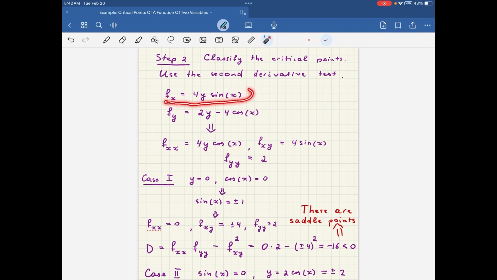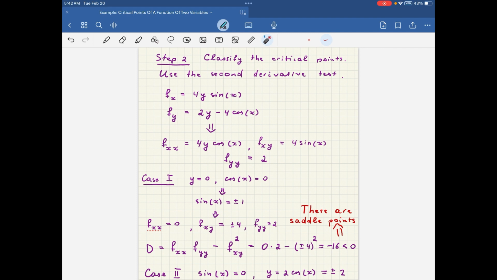Differentiating f sub x with respect to y, thinking of x as a constant, we find that the mixed partial derivative of f with respect to x and then with respect to y is 4 sine x. And then differentiating f sub y with respect to y, we simply get 2. So it's a constant derivative.